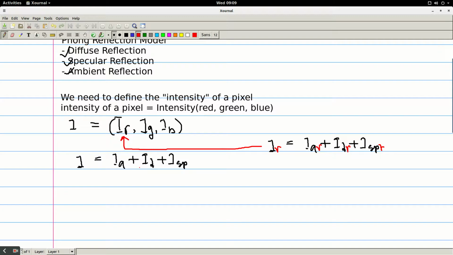If I'm talking about the blue intensity, then I'll do the same thing, but only for the blue channel, or only for the green channel, and then we will get the green part and the blue part. But in essence, the reflection model itself says that if you're going to calculate the intensity of a single pixel, you calculate the ambient reflection part, the diffuse reflection part, and the specular reflection part. All three of these things separately. Okay? Is this clear?